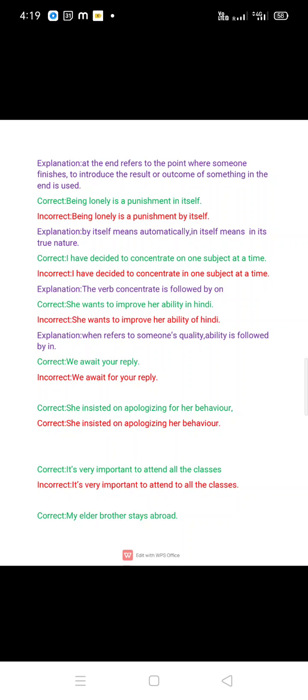Yes. So, at the end is not always wrong. When you want to point something where someone finishes, then you can use at the end. And when you are trying to introduce the result or outcome of something, then in the end is used.